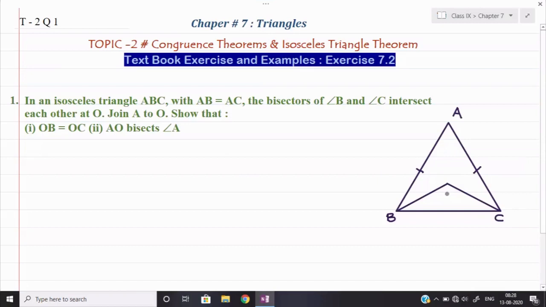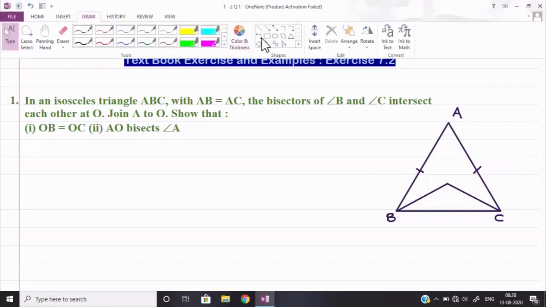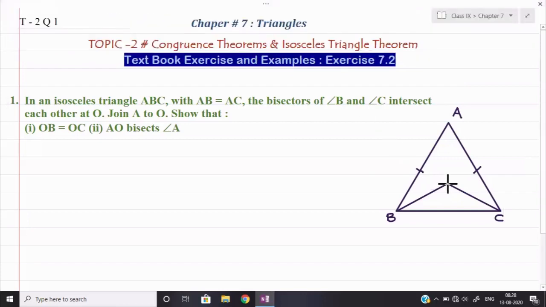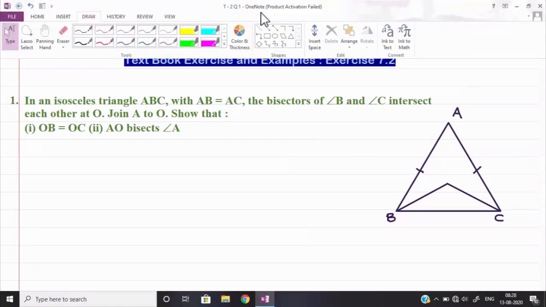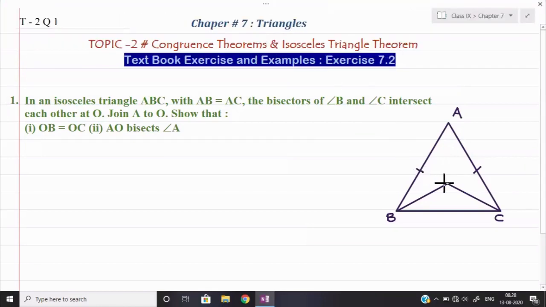One more thing, we have to join A to O also, because in the question it is written to join A to O. So let us join it. One minute, let me join it properly.